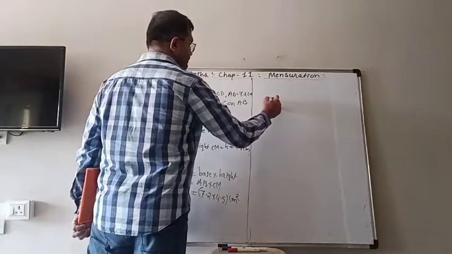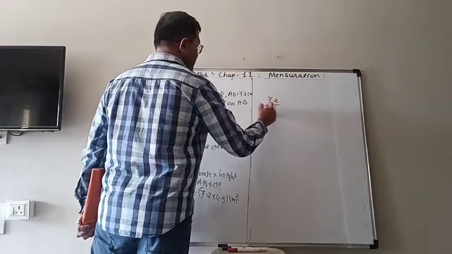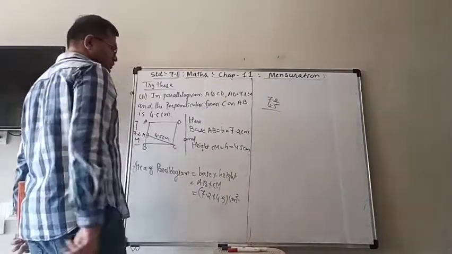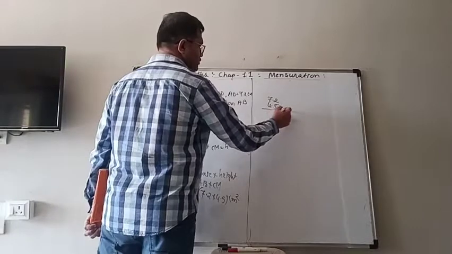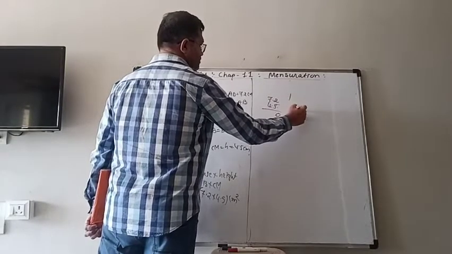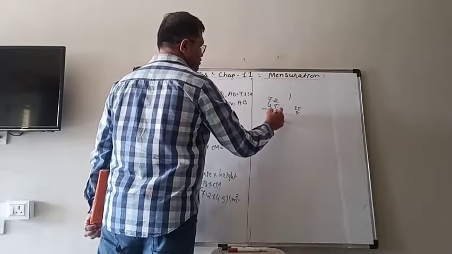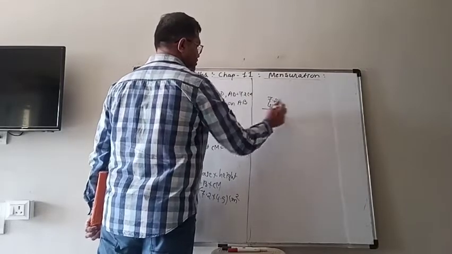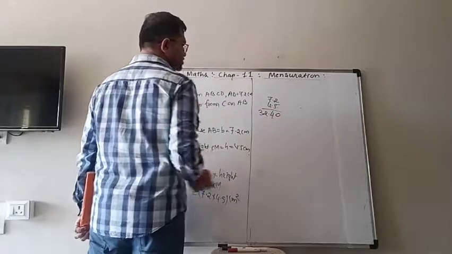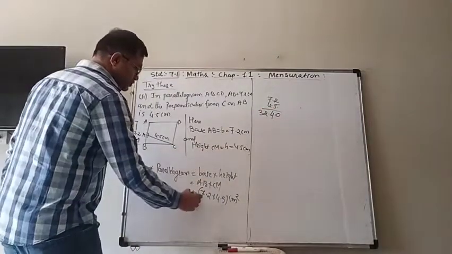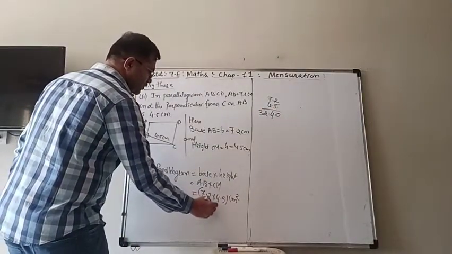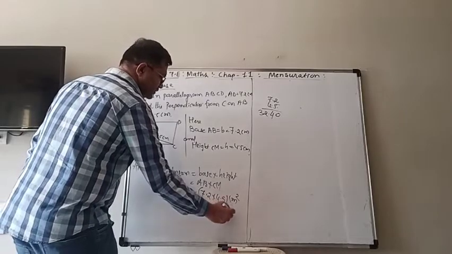So now we have to multiply 72 and 45. Then we will put two decimals. That is 32.40 centimeters square.